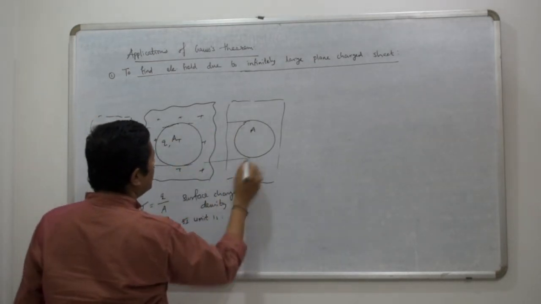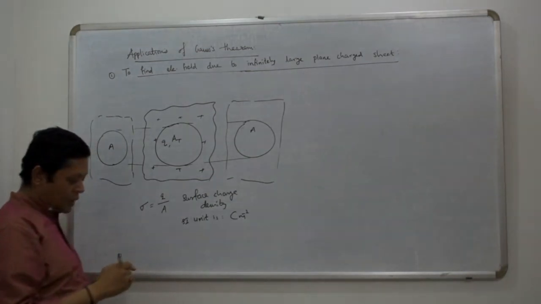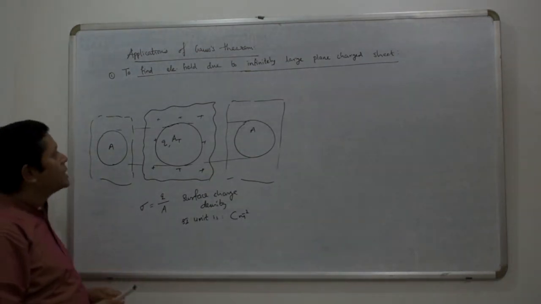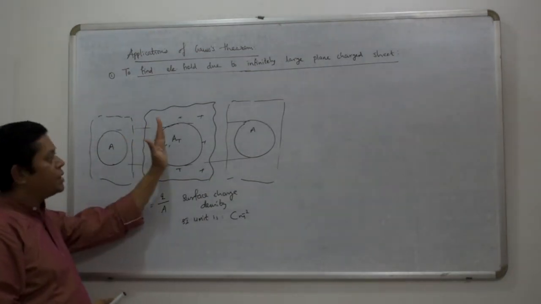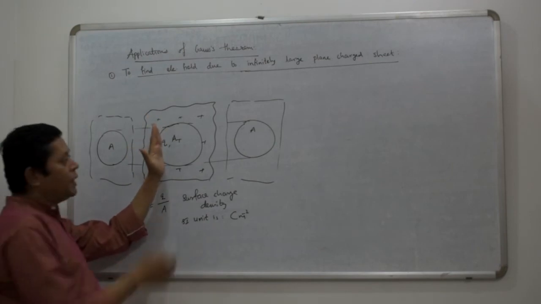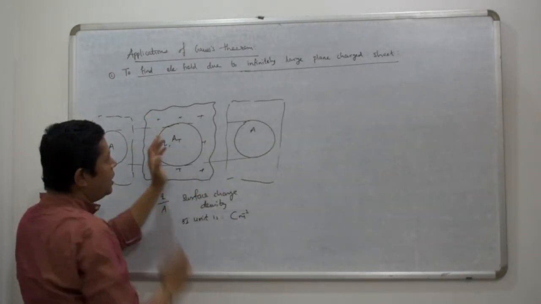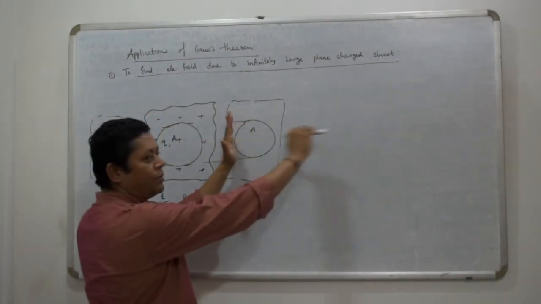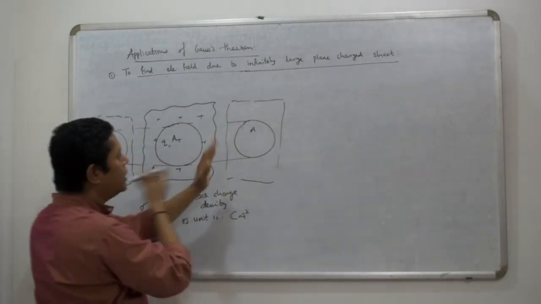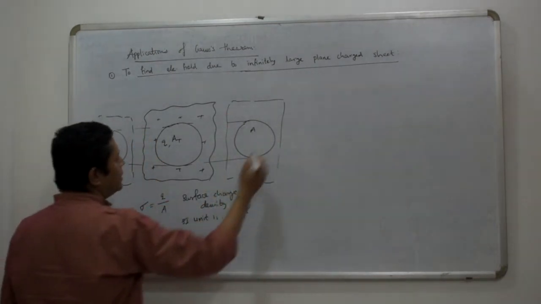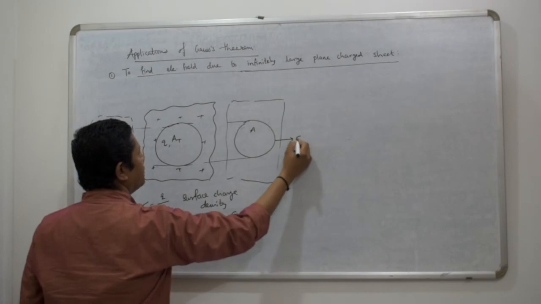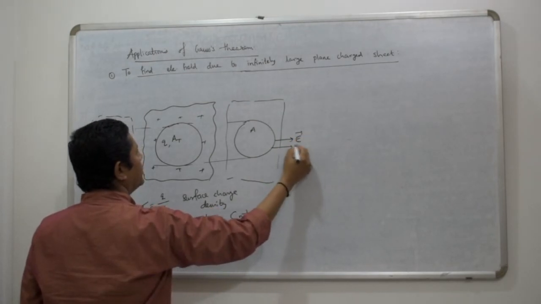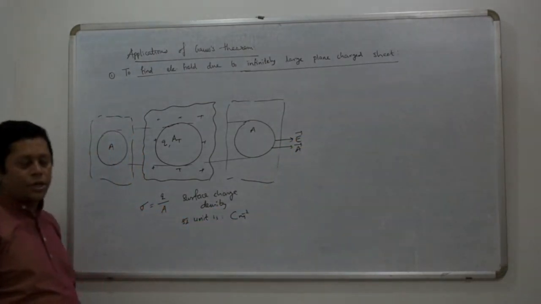So for this imaginary cylinder, the electric field lines due to this charge sheet, let you consider the charge sheet in this vertical plane, electric field is outward. The area vector is also outward. So electric field and area vector are in the same direction.